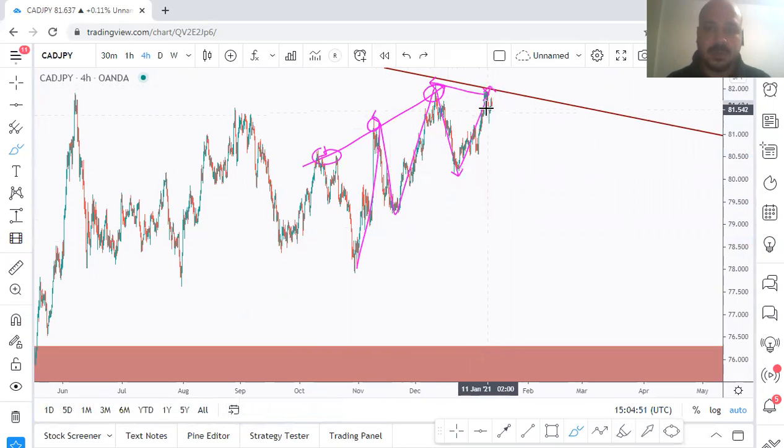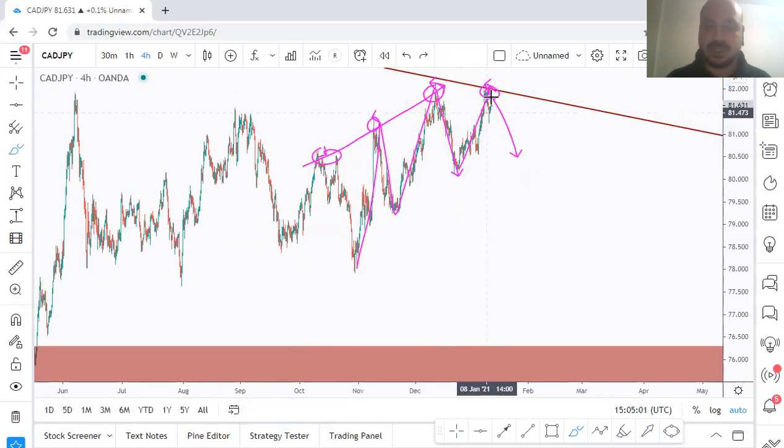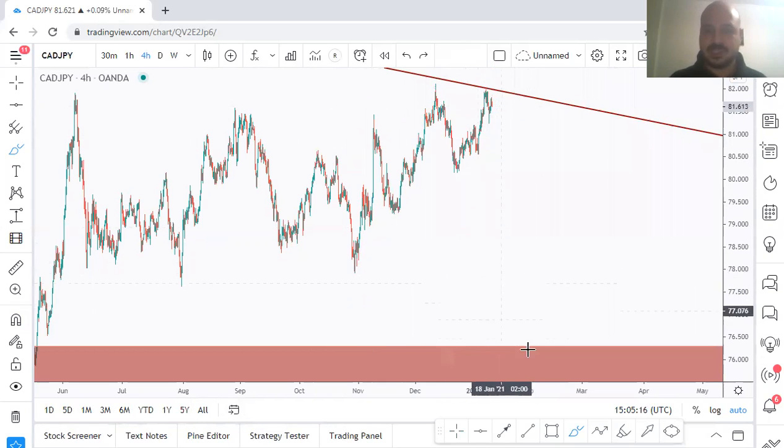But if this one reverses from here, we know that the buyers aren't strong enough to push any higher, because if they were strong like before, they would close around here. The impulse would end around here. But again, we can't really know for now, but we are preparing ourselves for the next possible scenarios.